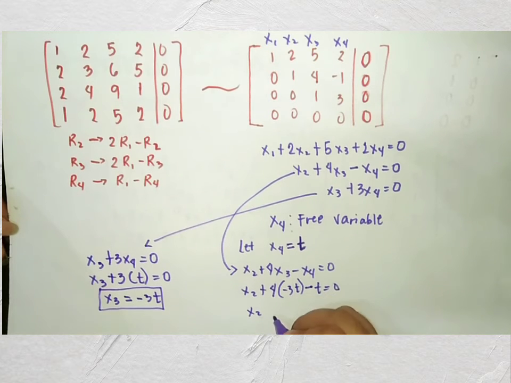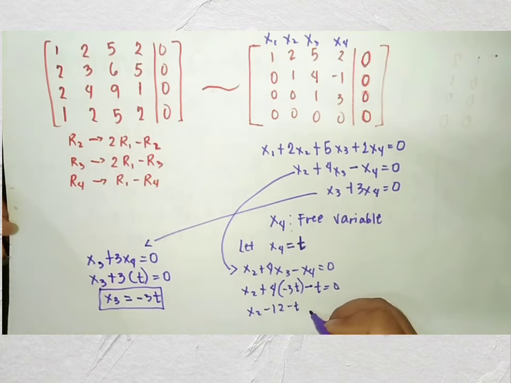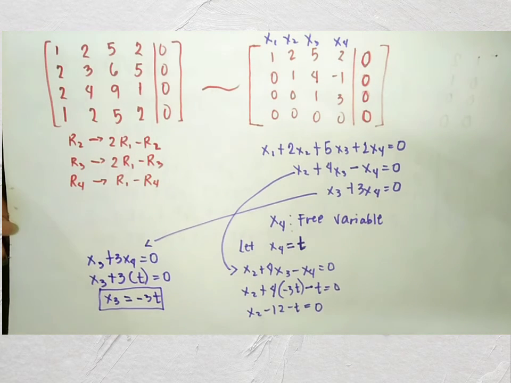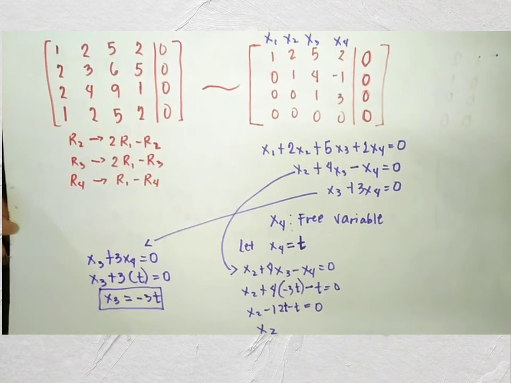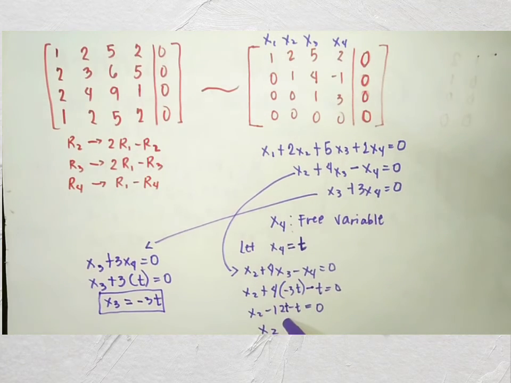So, x sub 2, 4 times negative 3 is negative 12, minus t is equals to 0. So, x sub 2, negative 12t minus t is negative 13t.